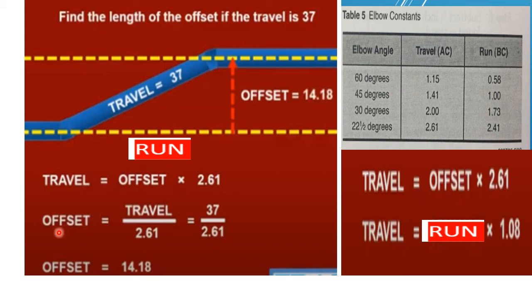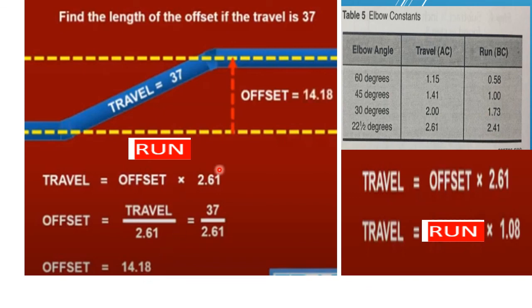When we calculate offset, we will keep offset on one side. Offset equal to travel by 2.61. Travel is given as 37, so we will keep 37 here, then divide 37 by 2.61. We will get offset 14.18.